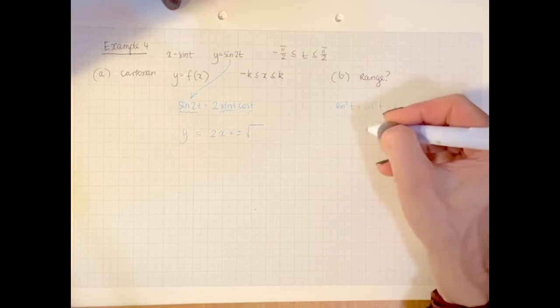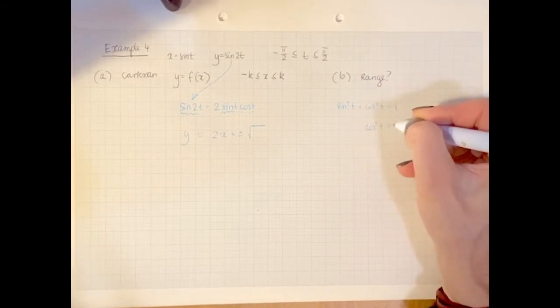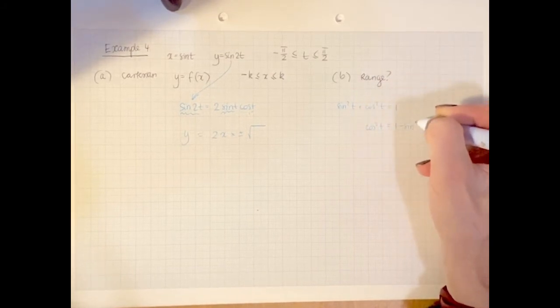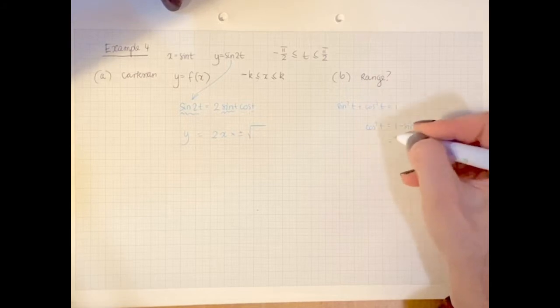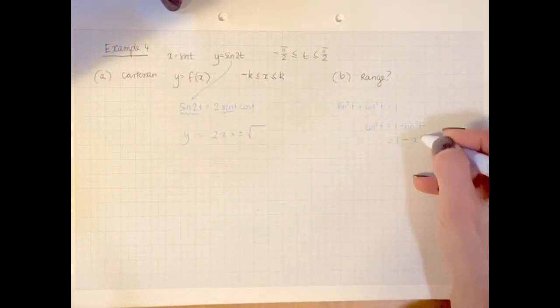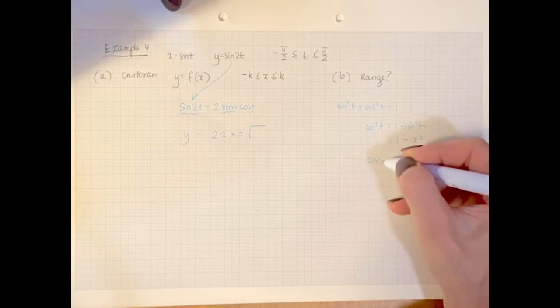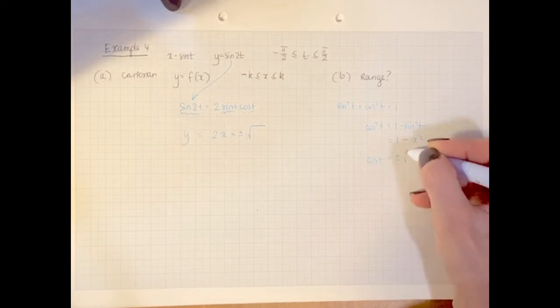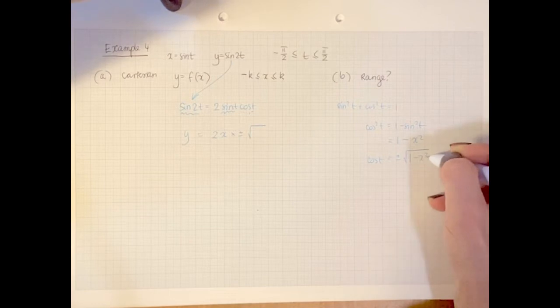Now cos squared t is equal to 1 minus sine squared t, so cos squared t is 1 minus x squared. Therefore cos t could be plus or minus the square root of 1 minus x squared.